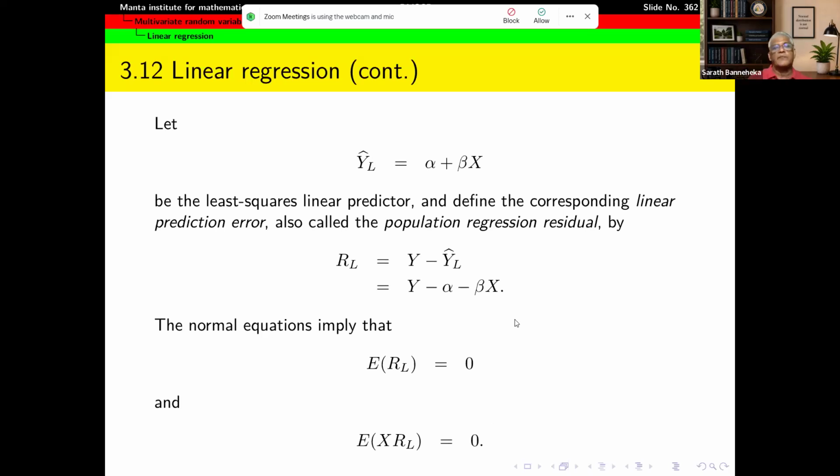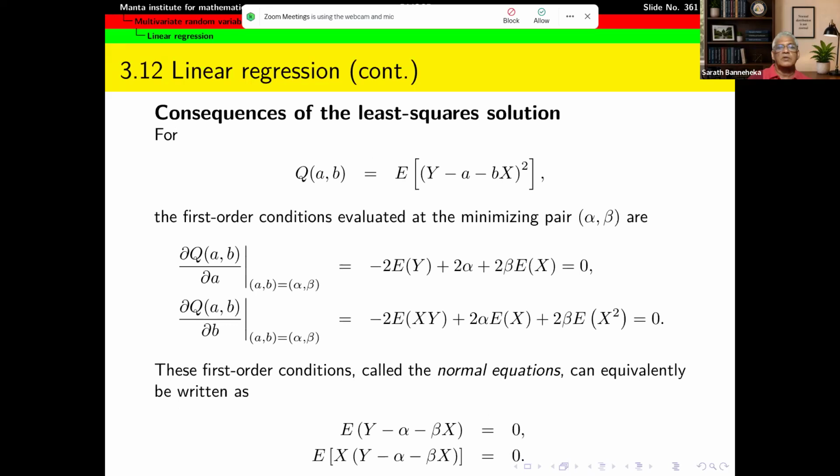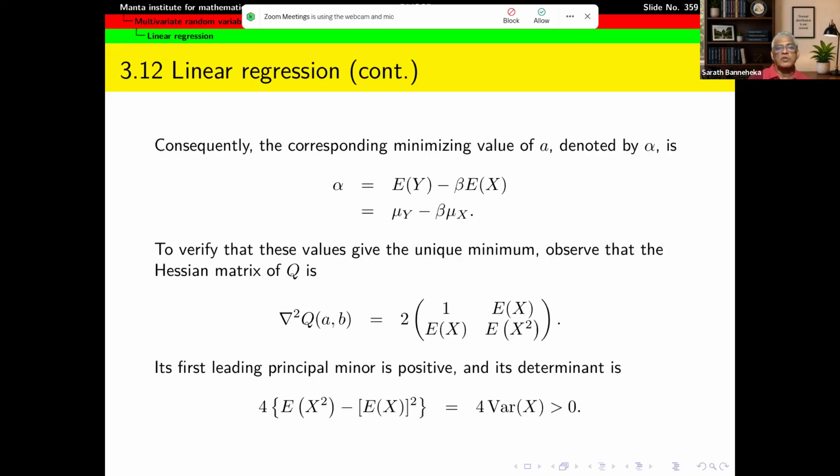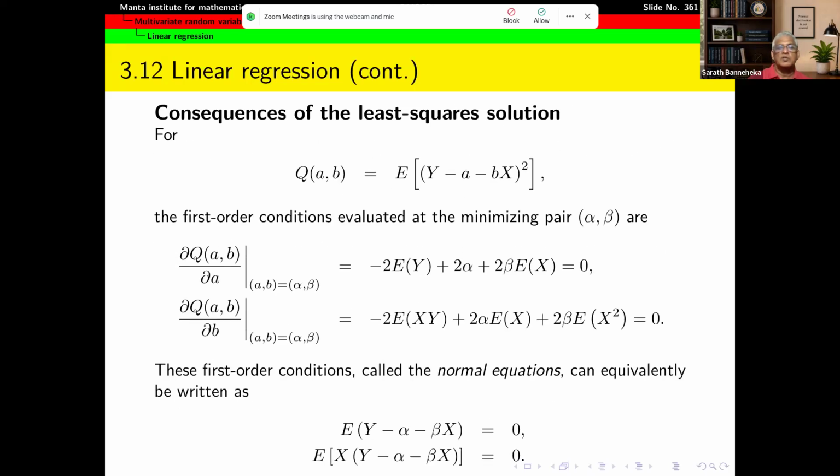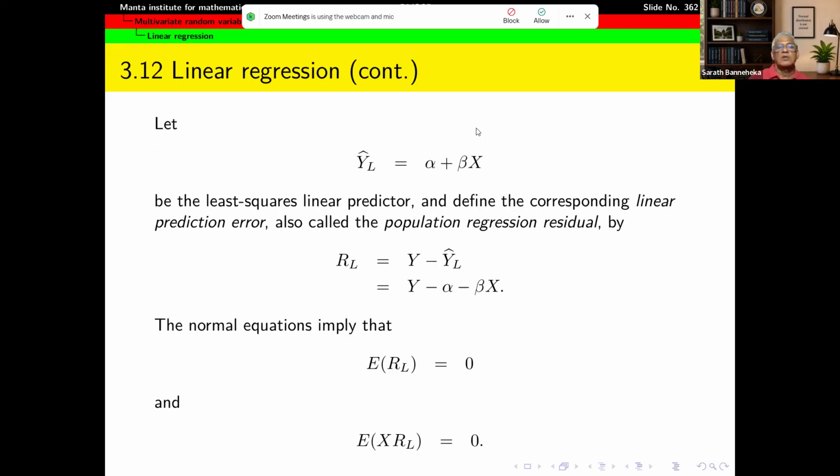Now let us denote this alpha plus beta x line, the line that minimizes the sum of squares of differences between y and a plus bx, by y hat L. As I mentioned, that is the least squares linear predictor that we have already derived.